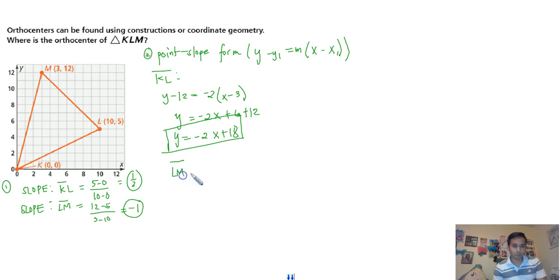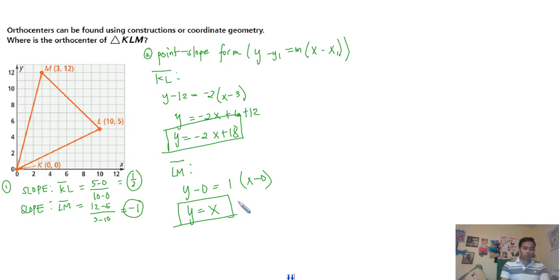Okay, next is the equation perpendicular to LM. Perpendicular to LM, we have y minus 0 is equal now to the negative reciprocal of -1, which is 1, times (x minus 0), and then we have y is equal to x.